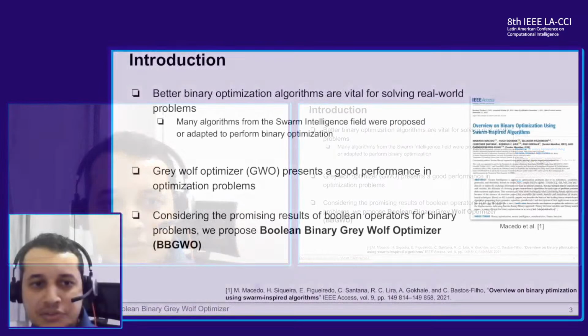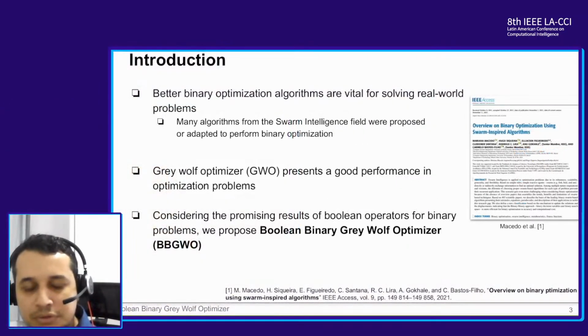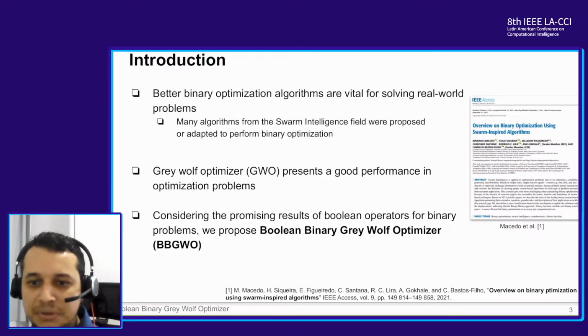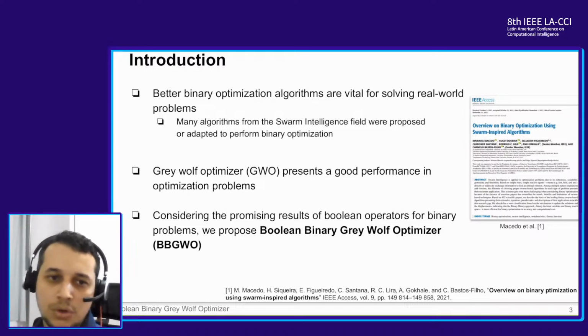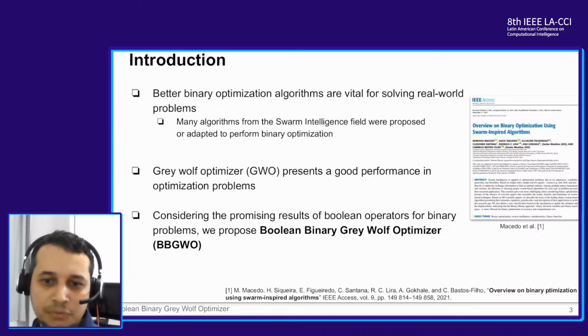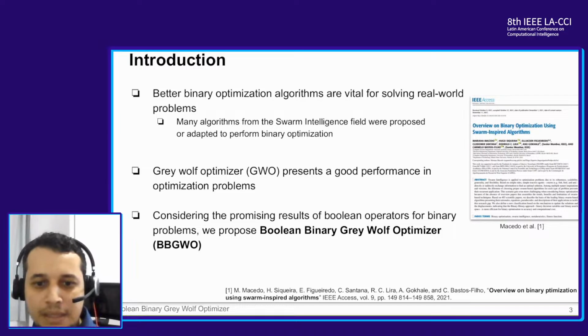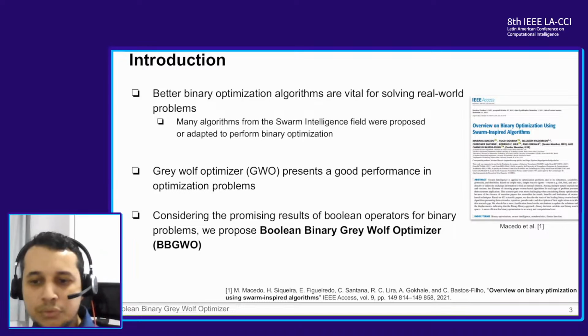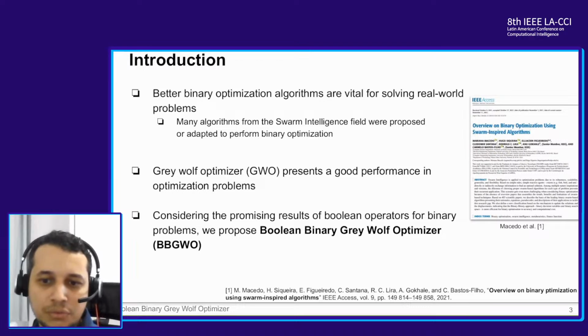Better binary optimization algorithms are vital for solving real-world problems. Last year, we published an overview in binary optimization in IEEE Access, and we noticed that many of the binary swarm proposals were a direct translation of the continuous version using only a transfer function to work in binary space. Even though this proposal can converge to an optimal solution, the computational cost is higher than necessary since it uses continuous operations.